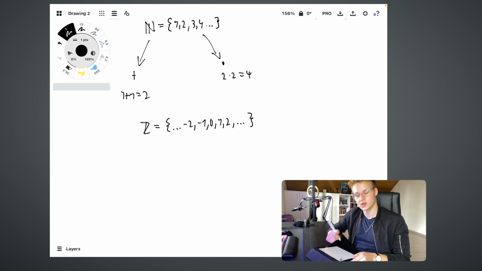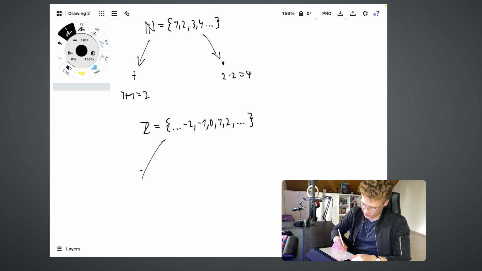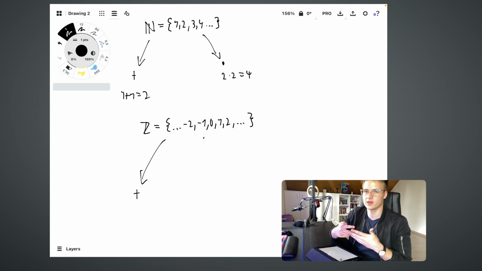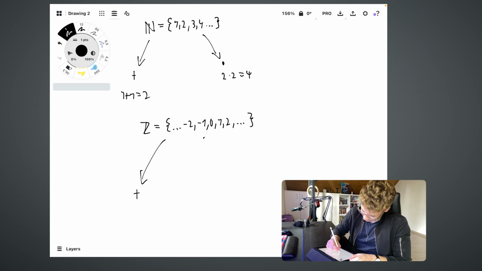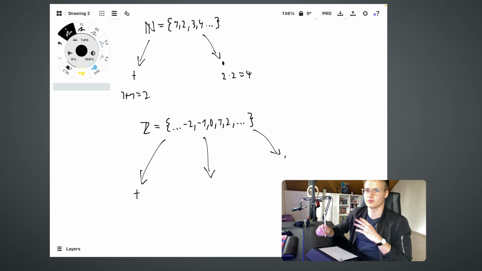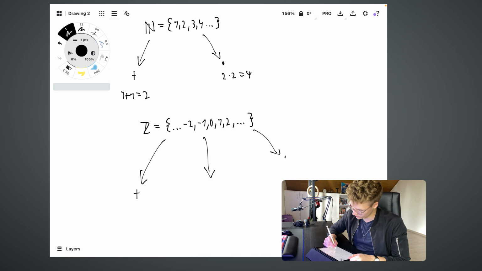So addition works the same way, except we need to have a new case here. Previously we knew how addition works, we just add the two numbers together. Now we also have subtraction, which is basically addition, but it works in a bit of a nuanced way, and we still have multiplication.